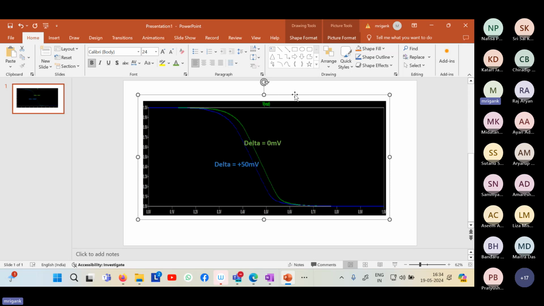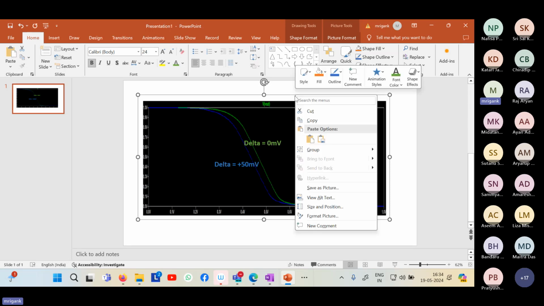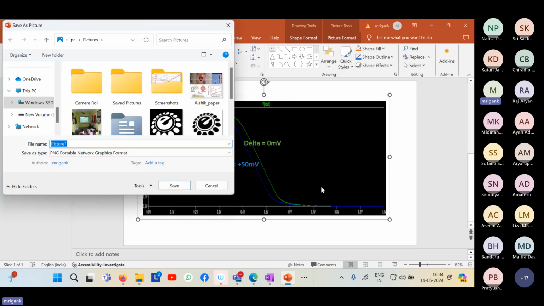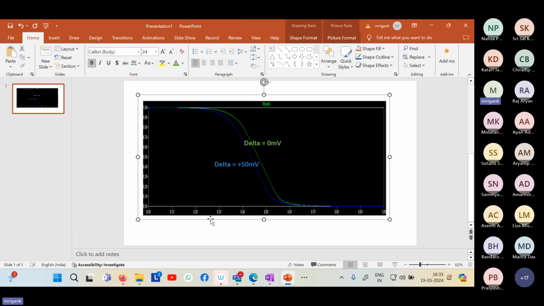So the shortcut that I showed, that is what I also use many times. So here also you can save it, save as picture, then it will save the whole thing along with the text and annotation, everything as a particular picture, and then you insert that picture in the Word document. So the quicker way is you just take it, copy paste into paintbrush. It will integrate everything, the text and the image, and then you put it directly in the Word.